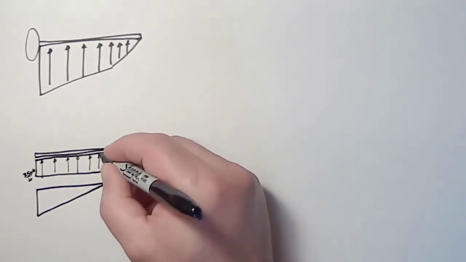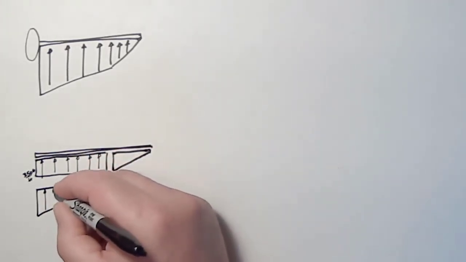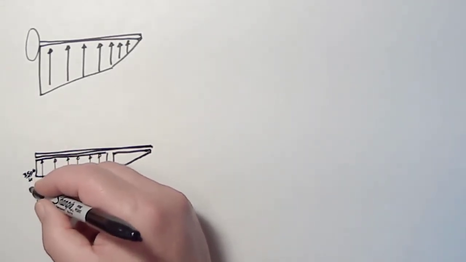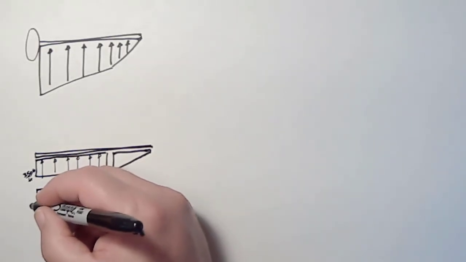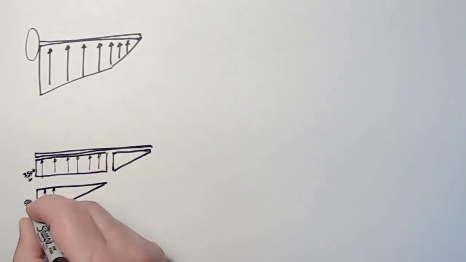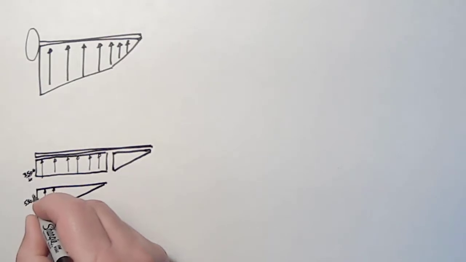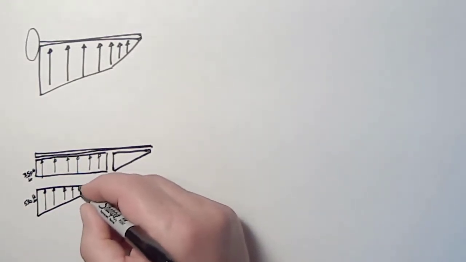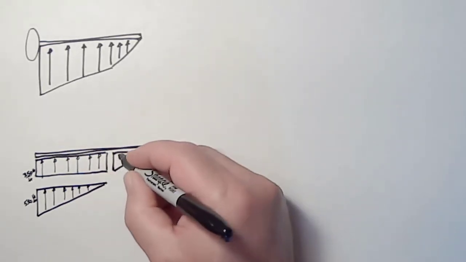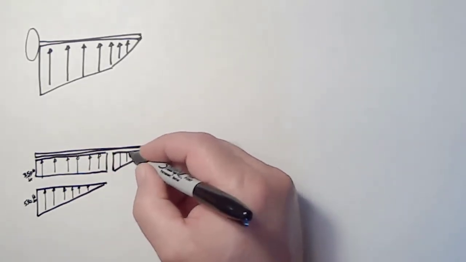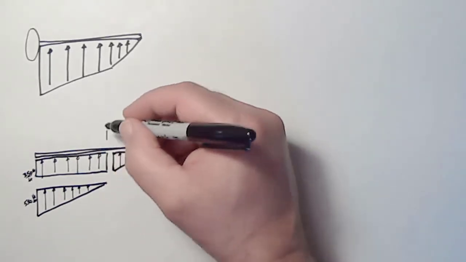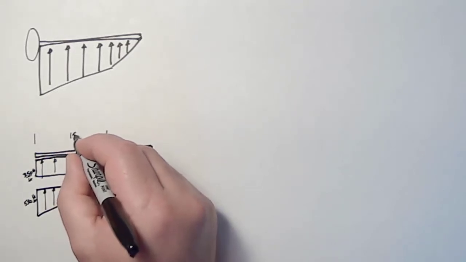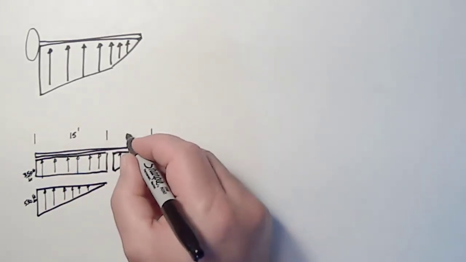I hate drawing these, by the way. And this distance is 950 minus 350. That's 550 pounds per foot. And the length along the wing is 15 feet and 13 feet.